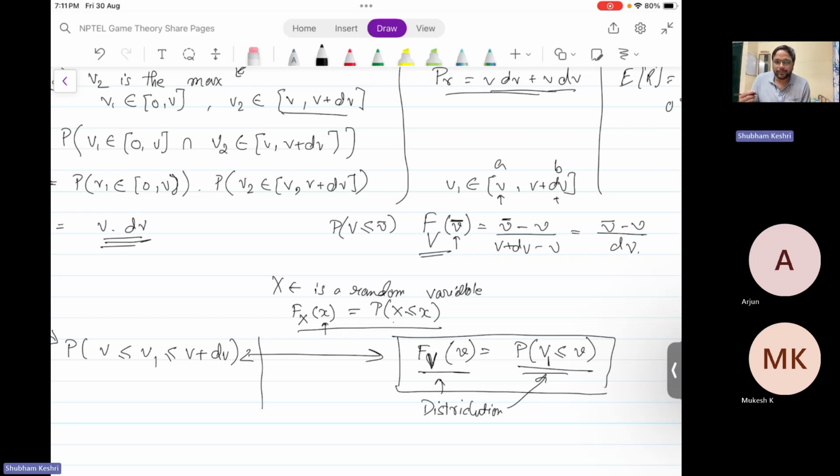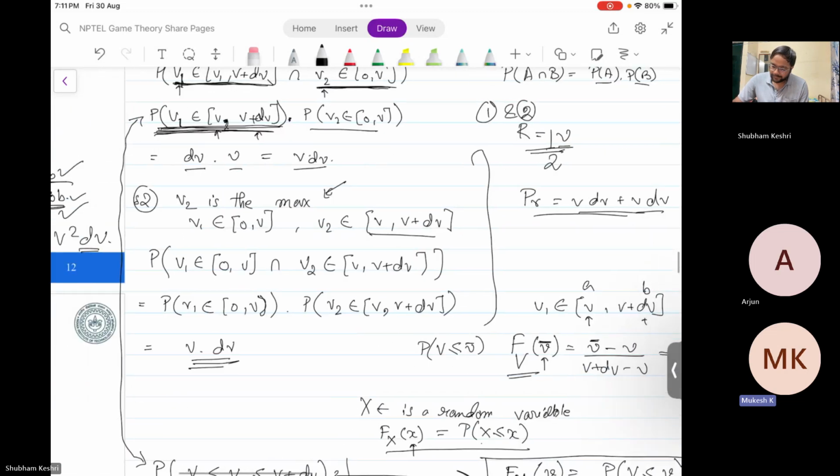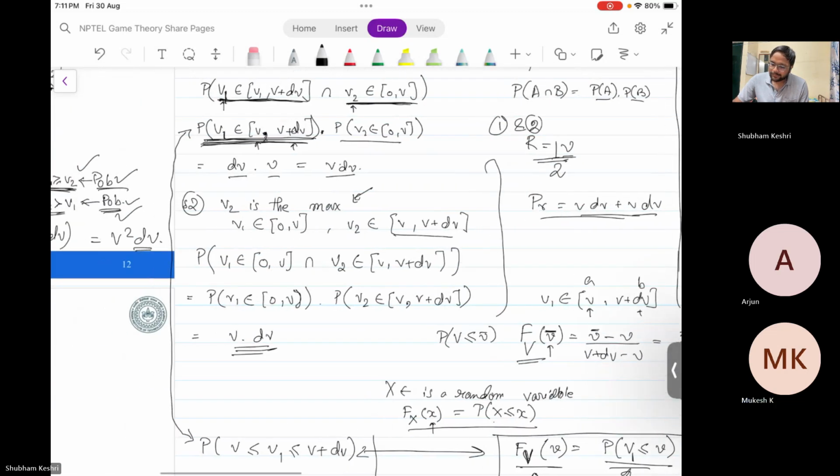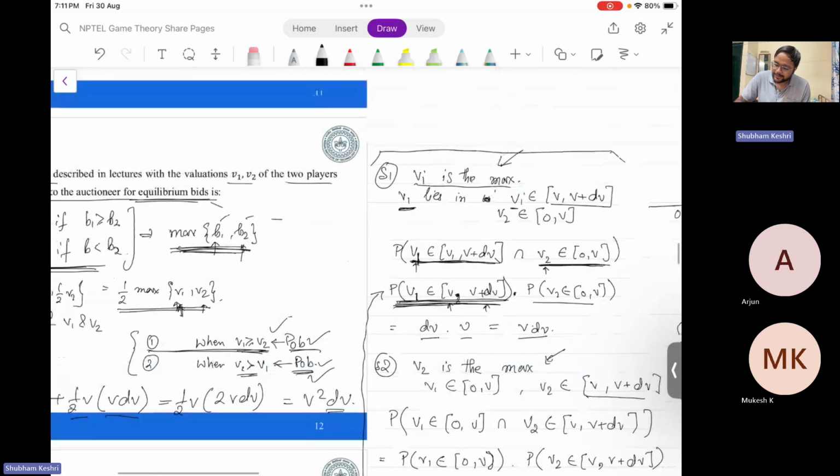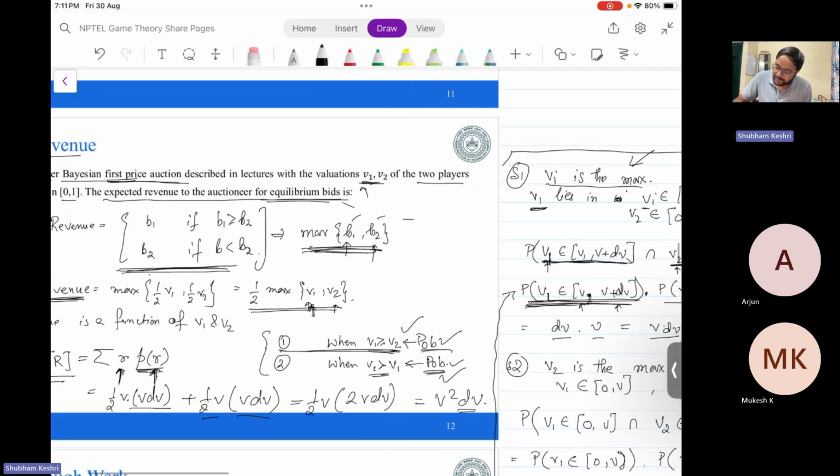You can talk to me instead. No, V1 was the valuation of the player 1. So in my mind, that is a fixed value, which is his valuation. So what you're saying is the probability that the valuation is less than the variable V. So over here, actually, these are random variables V1 and V2. We have not written it in capital letters. What are we saying? You see, just read it.